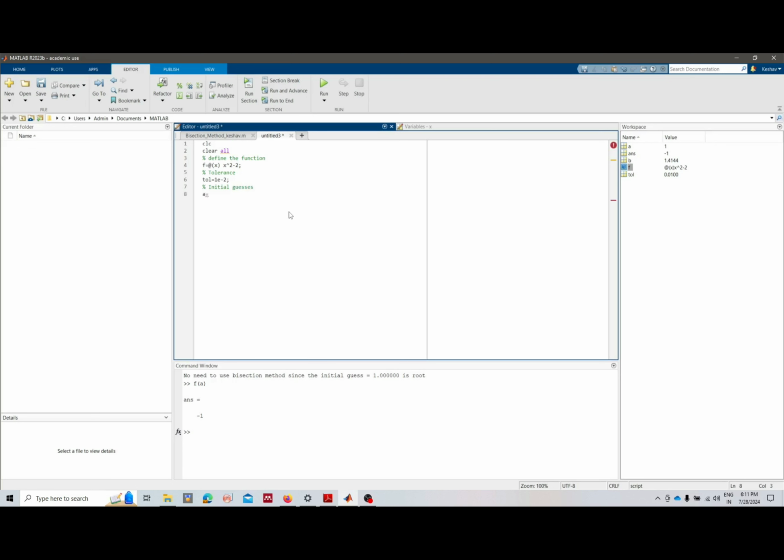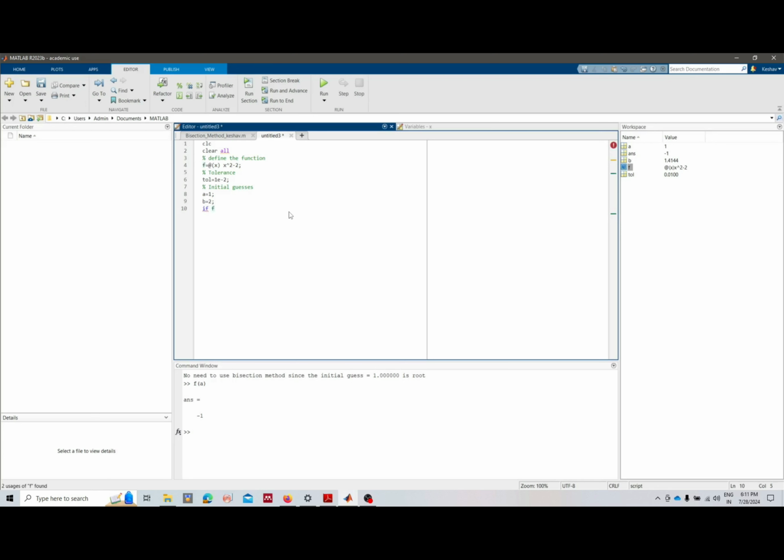Suppose a equal to 1, b equal to 3. First thing we need to check is whether the bisection method is applicable or not.